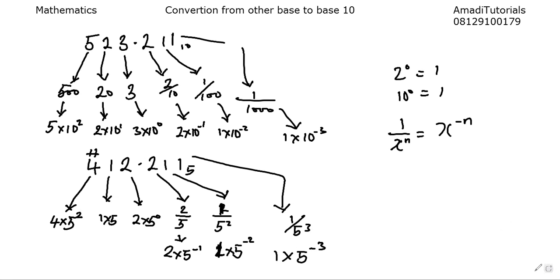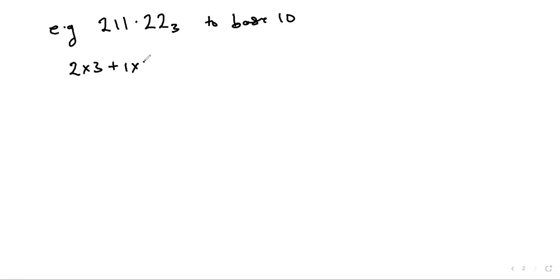Okay, let's cut the story short and do an example. So we have a number, say 211.22. This is base 3, and we want to convert it to base 10. So simply, this is how you do it. You take the first number 2 times the base, plus the second number 1 times the base, plus the third number 1 times the base.